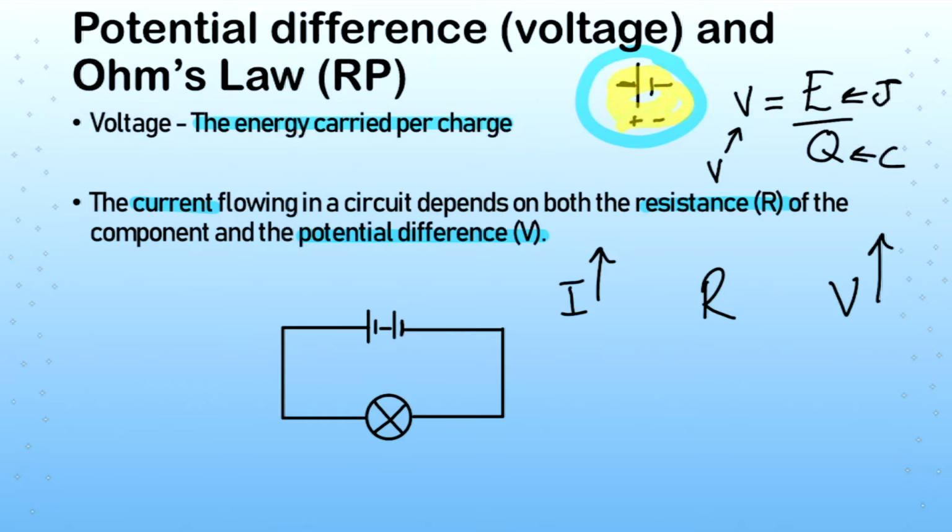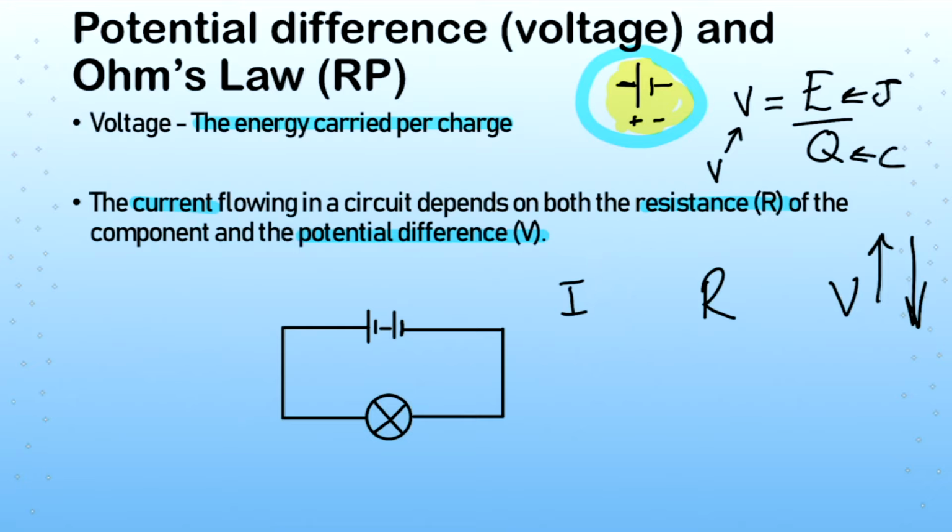So with our cell here, we're going to increase the difference, so we're going to encourage more movement of electrons or ions, so more movement of charge, higher rate of flow, therefore more current. If we decrease the voltage, you're going to decrease the current, because there's less push, there's less attraction, there's less movement potential, if you like.